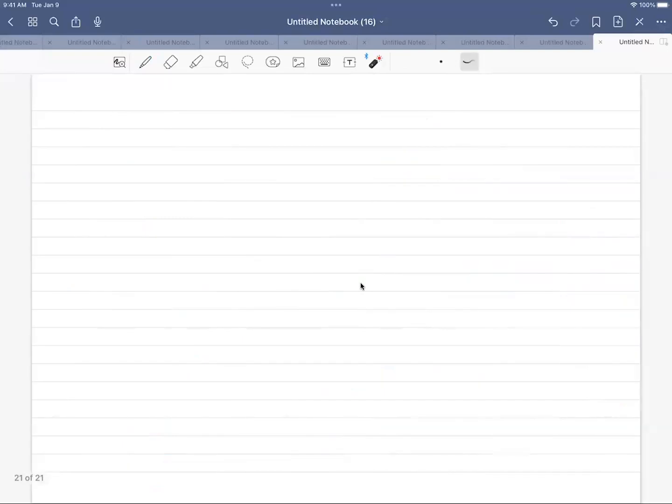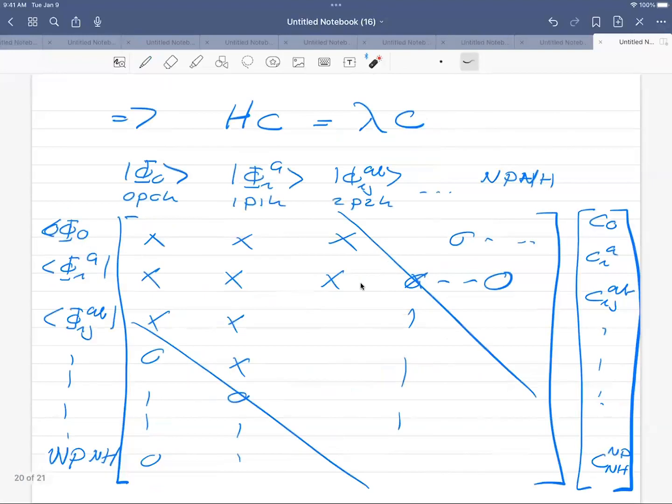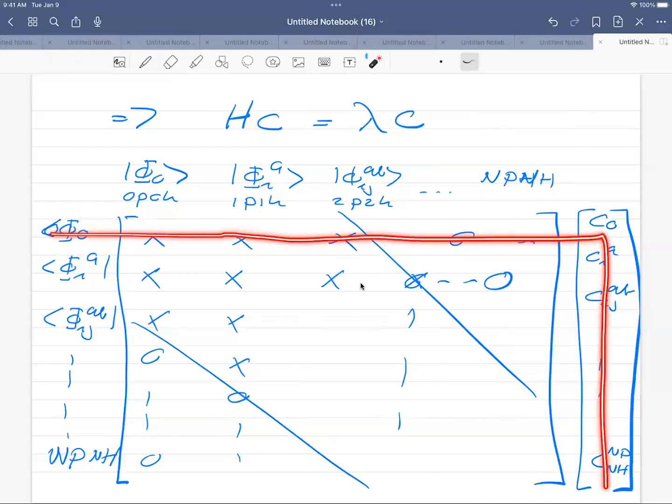So just to end with one small thing, if we look at the first row here, this specific row, now we multiply from the left with phi 0, and we multiply with the Hamiltonian and this linear combination. So if you take phi 0 and multiply with these elements you have here and the vector, that's the first row.